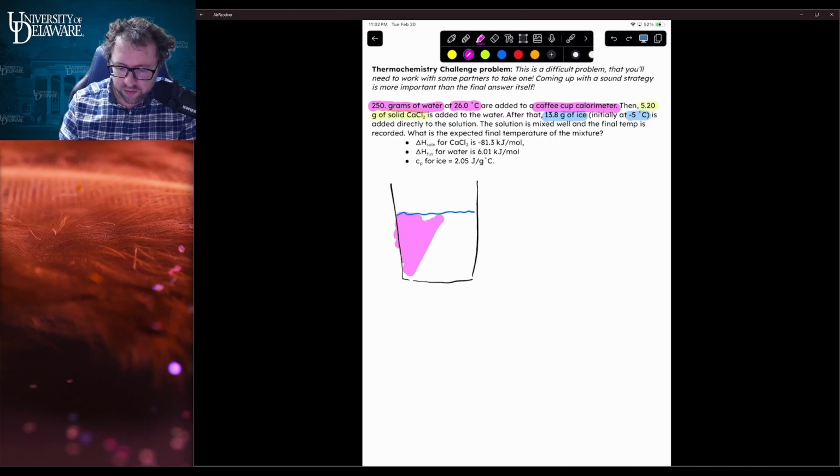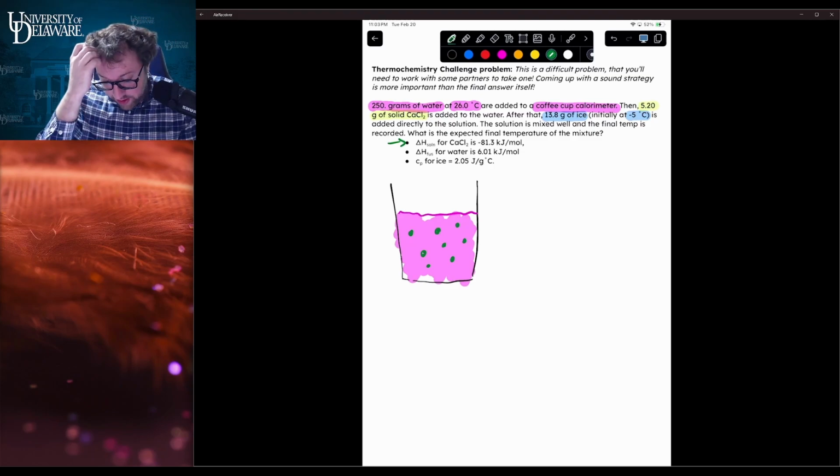It doesn't say what color the water is, and the water's clear, so maybe we dyed it pink. We add to it this solid calcium chloride. Does it say what happens to the calcium chloride? Okay, so it's not explicit, but calcium chloride is a water-soluble salt, so it will dissolve into solution, just like if you added sodium chloride.